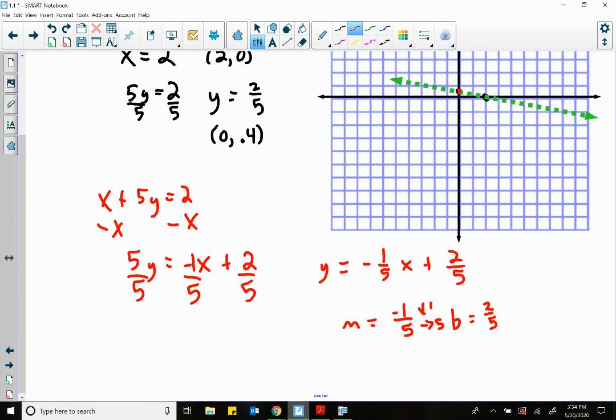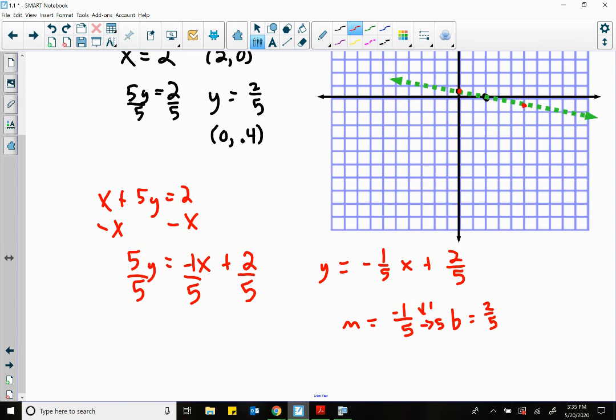Because here you go from 0.4 down 1, which would actually take you to negative 0.6. And then you count over to the right 5. 1, 2, 3, 4, 5, roughly right about there. So you can see our line actually does kind of go through it. Notice again, you didn't end up at that x-intercept.